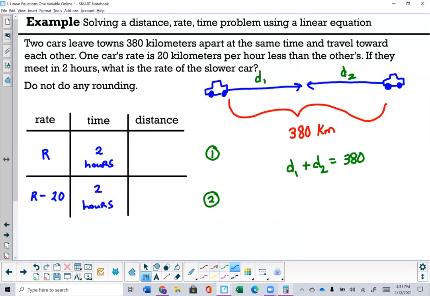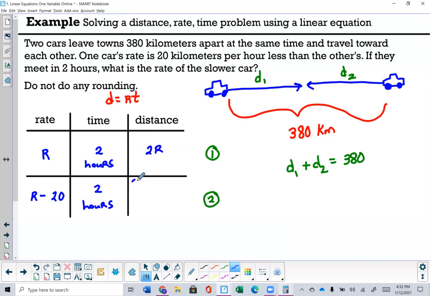So therefore, remember, distance can be found by multiplying the rate times the time, or the speed times the time. So R times 2 gives us 2R. And then R minus 20, that quantity times 2.